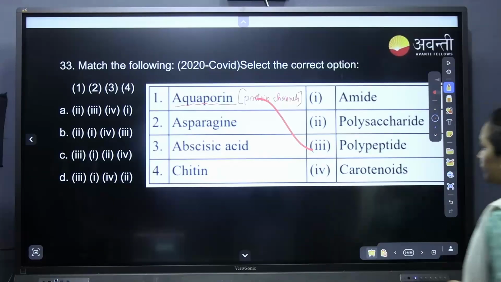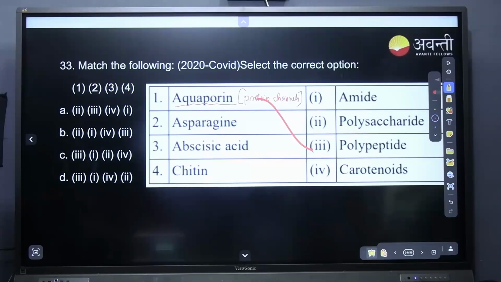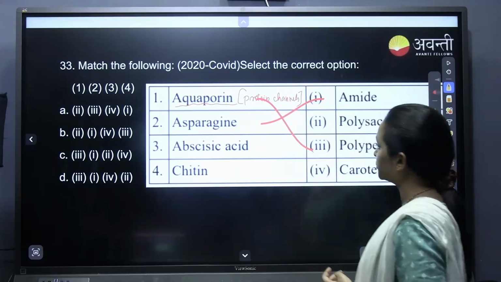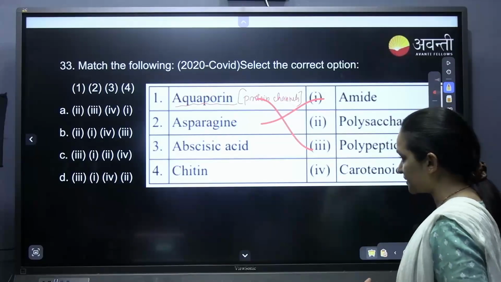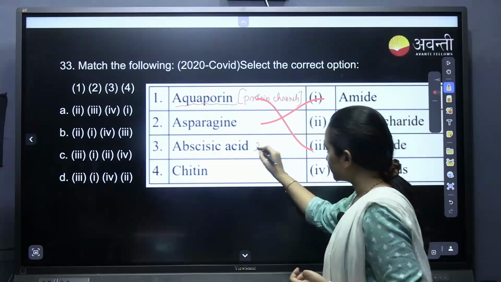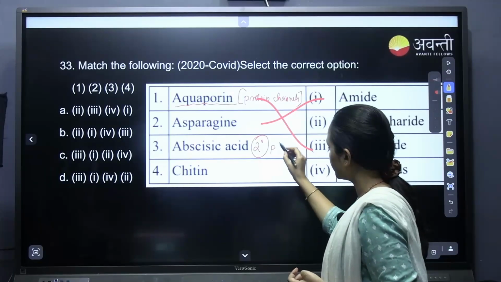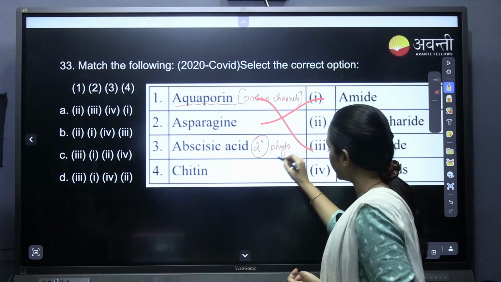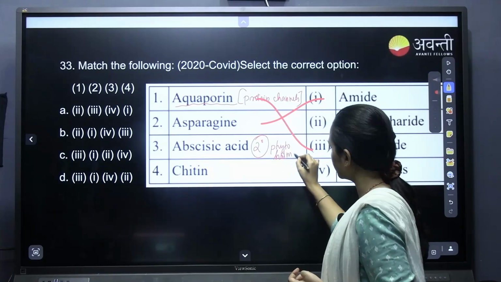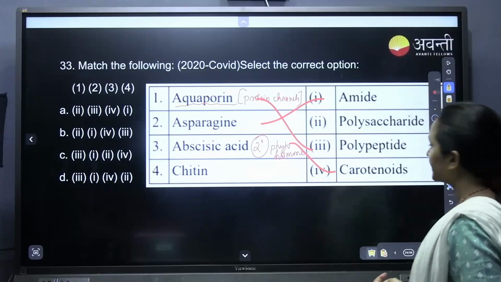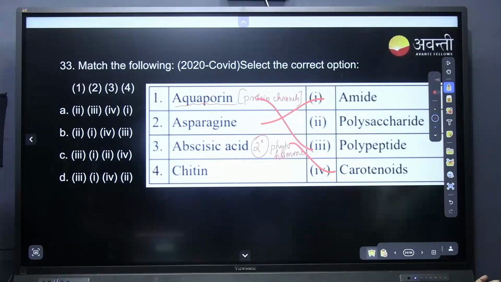Proteins are polypeptides. Asparagine, that is aspartic acid. Asparagine is an amino acid. Abscisic acid is a secondary metabolite. It is a plant hormone or phytohormone. It is a derivative of carotenoids, we know that.